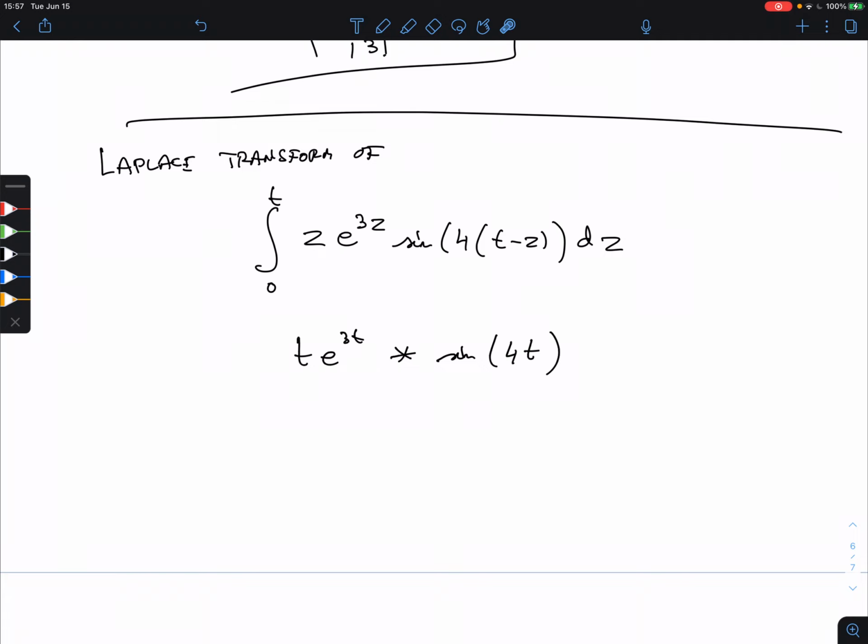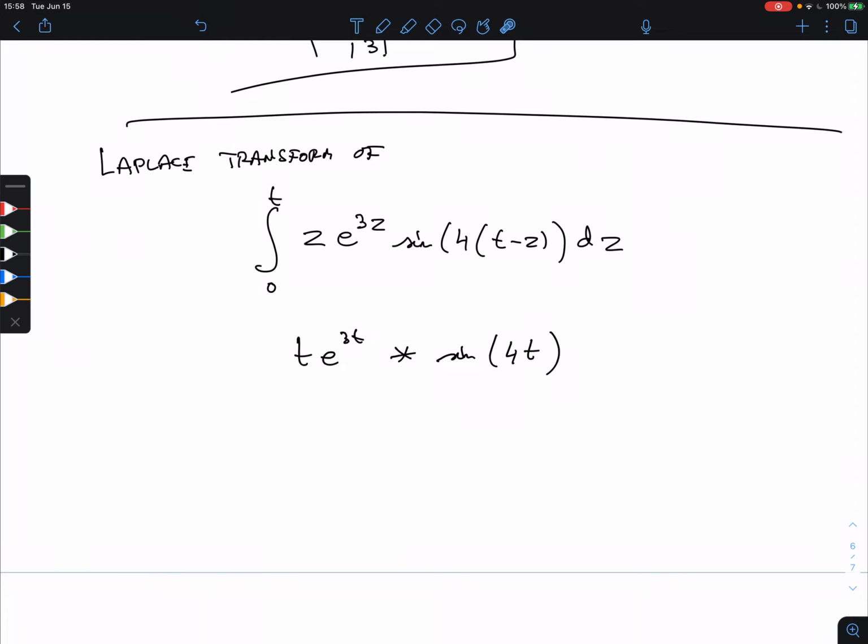So let's think about what this would be. By definition, you take the function f and write f(z), and then you take the function g and write g(t minus z).